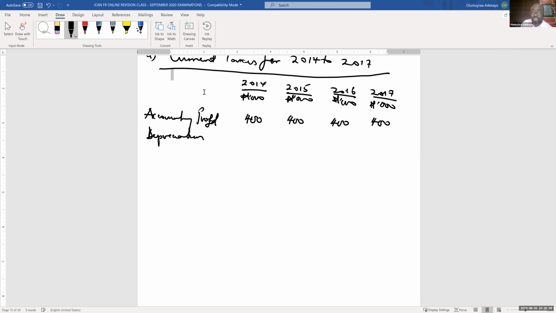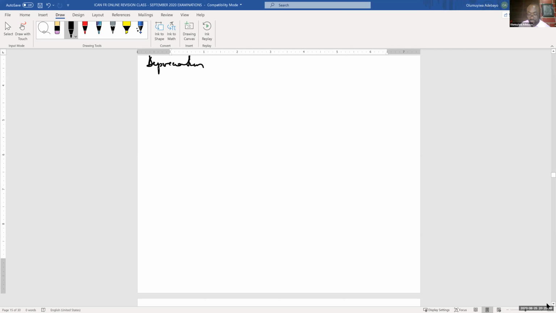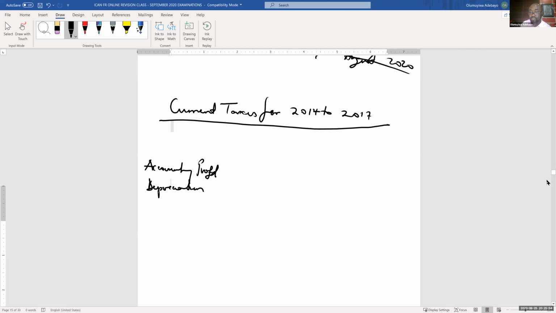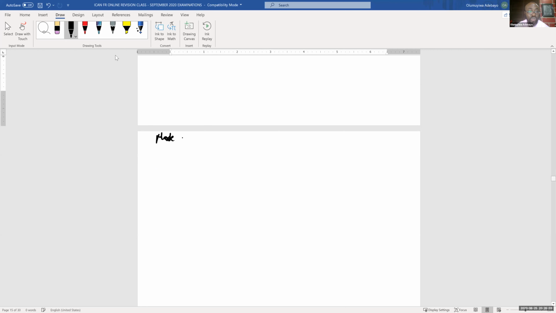Now, let's have a small working note. Note 1, depreciation. Computation of depreciation and capital allowance. I can combine the two together.